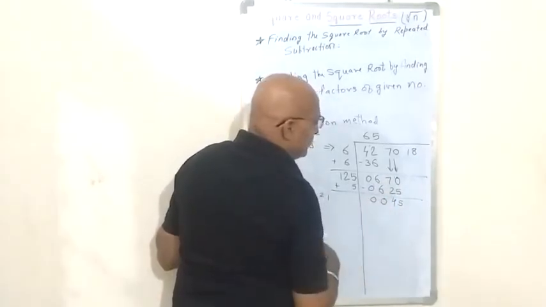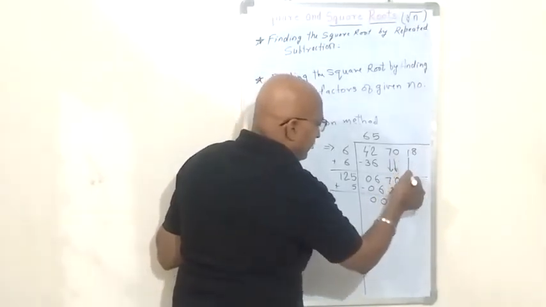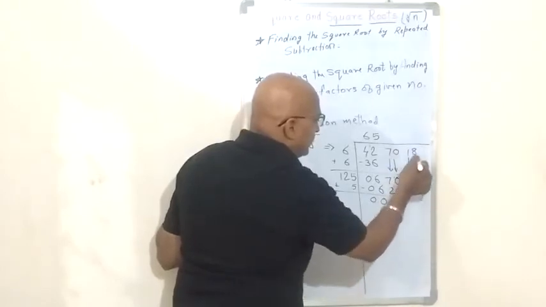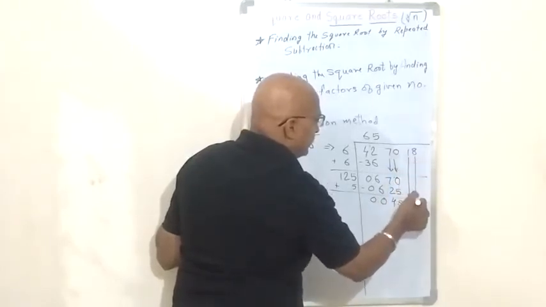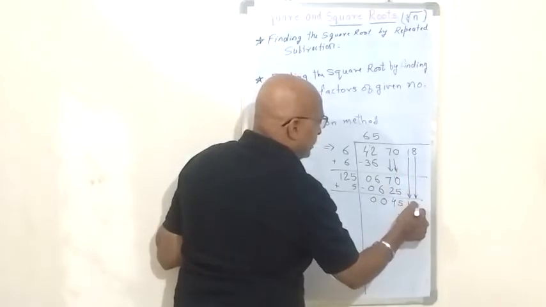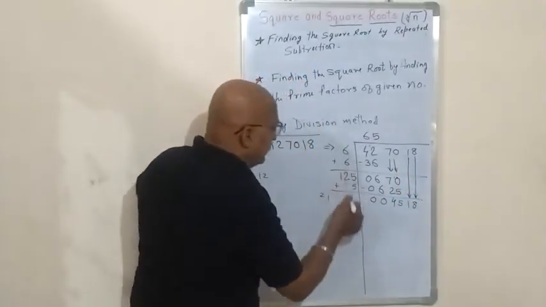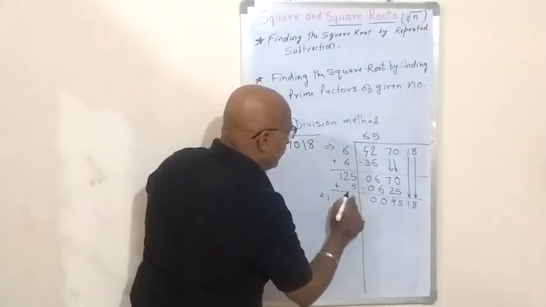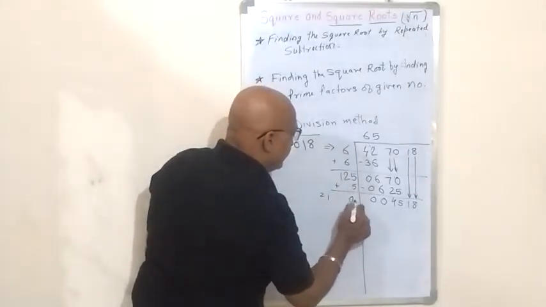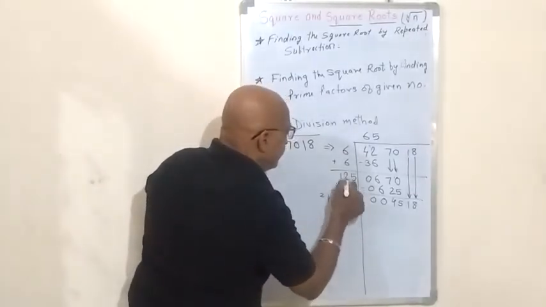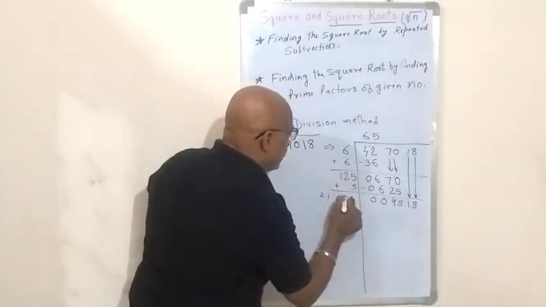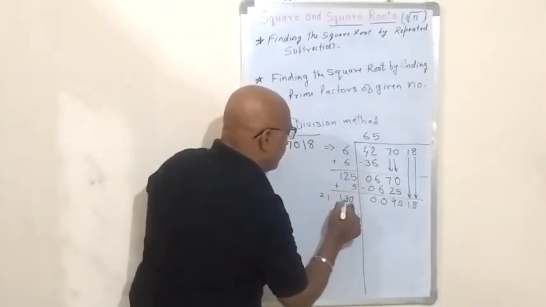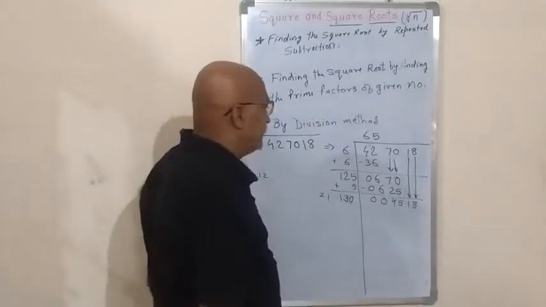This is obviously 0. Now this 18 will come down in the pair itself. So it will be 18. And here we get 5 plus 5 is 10, but I will not write near the line 0. 2 plus 1 is 3 and 1, 130.